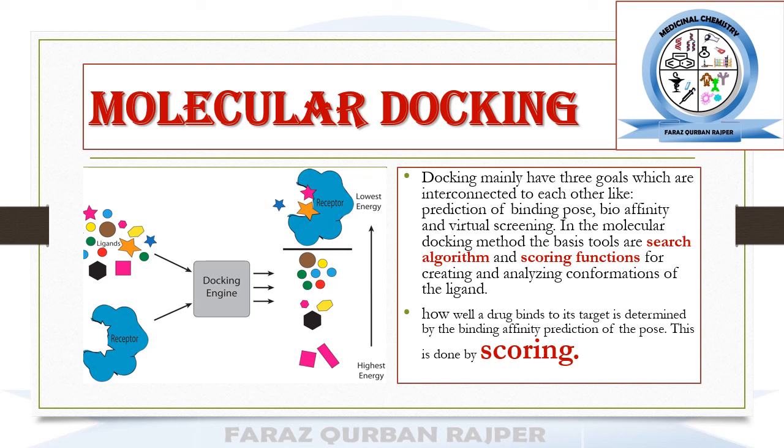It involves the prediction of the binding pose, that is, in which direction the ligand can bind effectively with its target site, and we may check the strength of the affinity of the ligand and receptor. All these functions are evaluated by molecular docking and can be expressed with the help of different tools of the docking software, like the search algorithm and the scoring function.